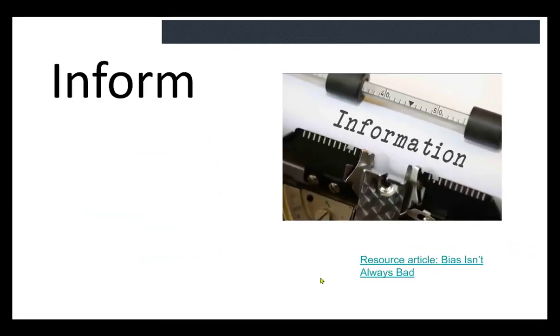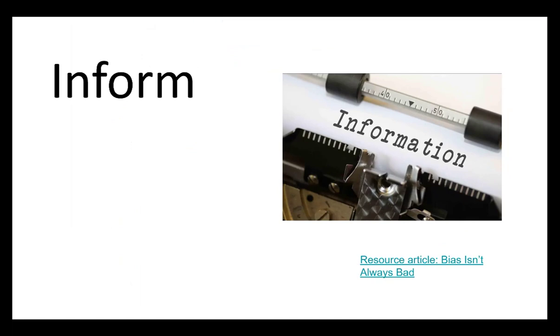All right, so let's talk about the I first, the inform. It's really important to always get the most reliable and accurate information that you can about whatever your issue is. Bias isn't always bad, and there's an article linked there, because we need to know not just what we think, but what other people think about our issue, if we're going to be able to defend it.